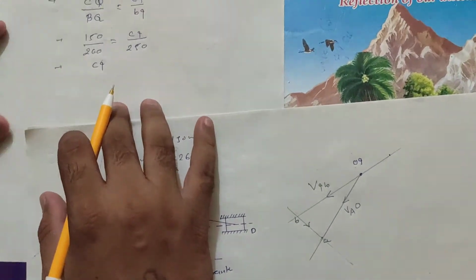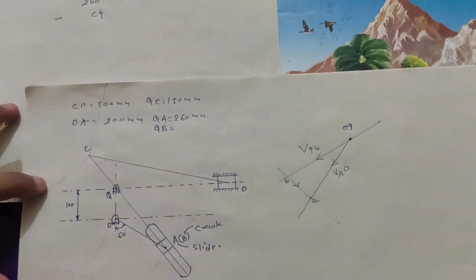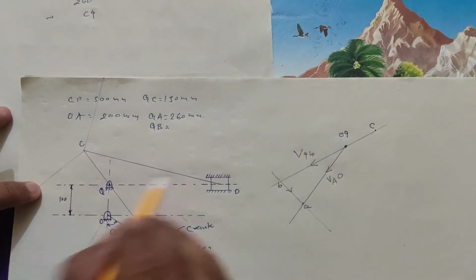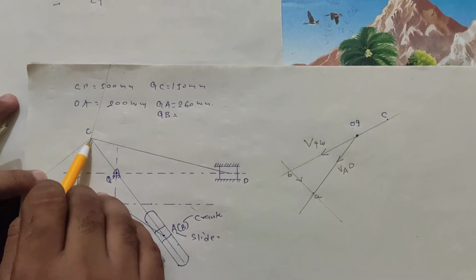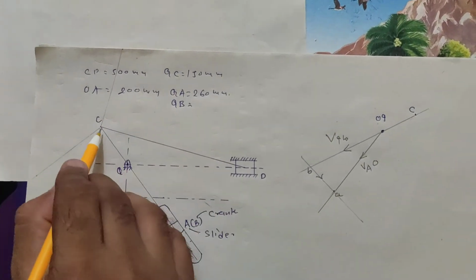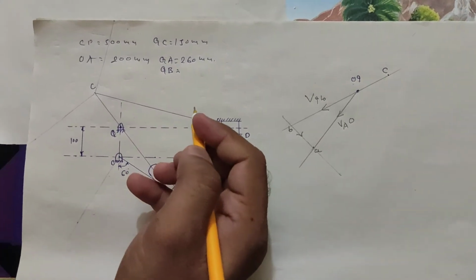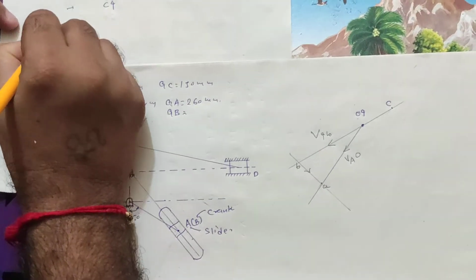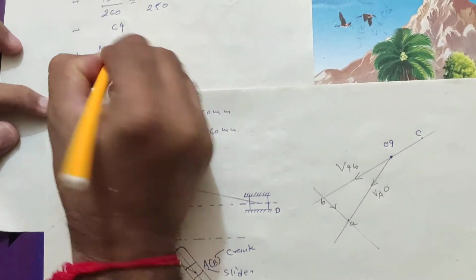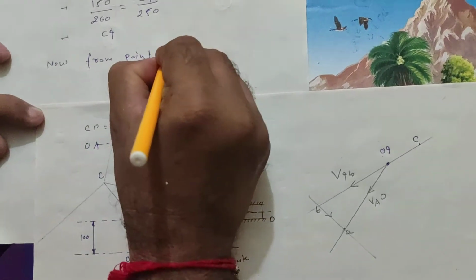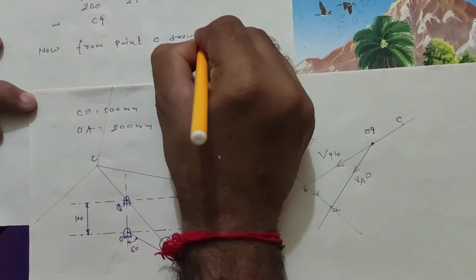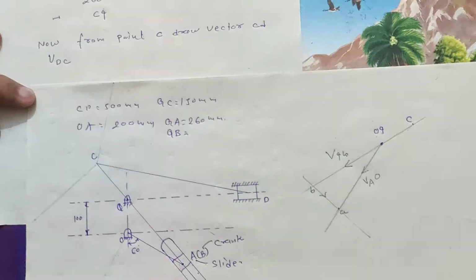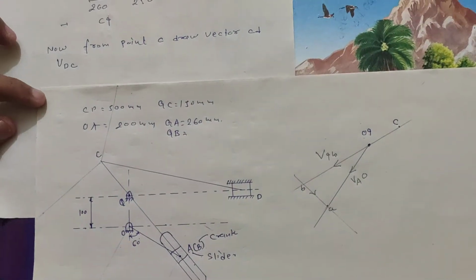Okay, so now after this one, from this point C, we have to draw a vector CD, which represents the velocity of DC. For the CD link, it is given over here, this is a perpendicular line.